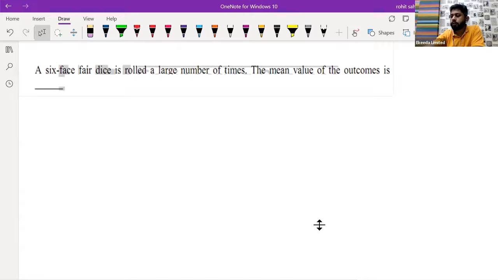Otherwise, we'll continue with discrete random variables. We'll need one session for mean, median, mode, and joint probability.